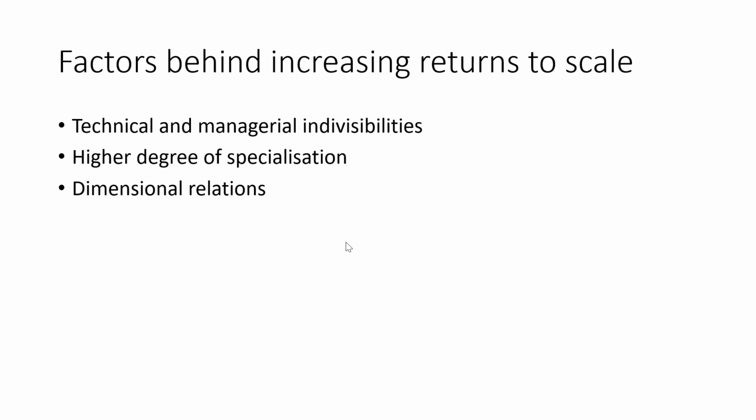Such inputs cannot be subdivided into parts to match a small scale of production. For example, you cannot have half a tractor, you cannot have half a combine harvester. You have to use these inputs in their totality.